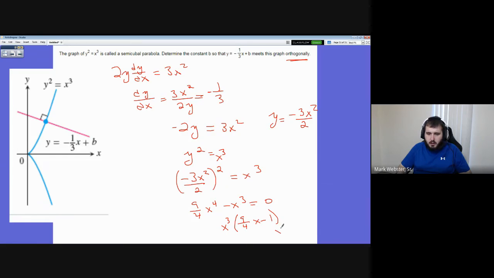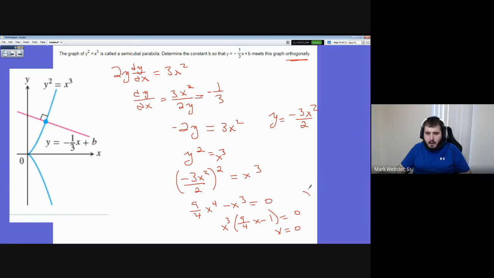So here, x is either equal to 0 or, but then I plug in x equals 0 and I don't get the negative 1/3 here, so that doesn't work.